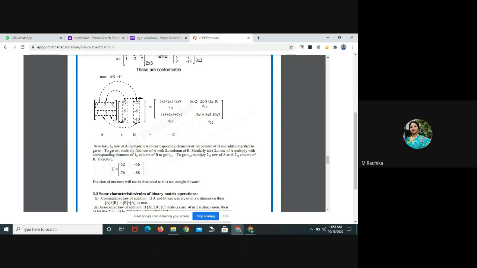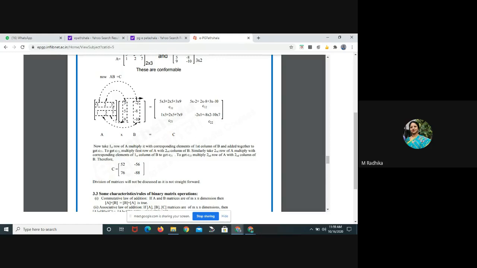First row into first column. So 5 into 3, 2 into 5, 3 into 9. That will become the first element in the answer matrix. Now coming to the second one, the same 5, 2, 3 will multiply with the minus 2, minus 8 and minus 10. So 5 into minus 2, 2 into minus 8, 3 into minus 10. That will form your second element.